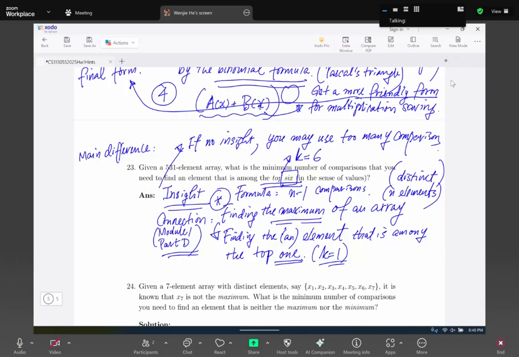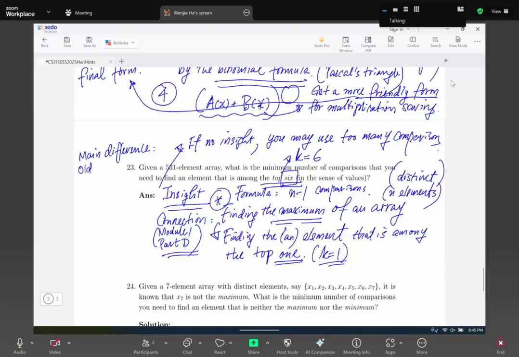Top 1, so the solution element must eliminate n minus 1 elements to be top 1, right? How do we get top 1 element? All right, so let me write.